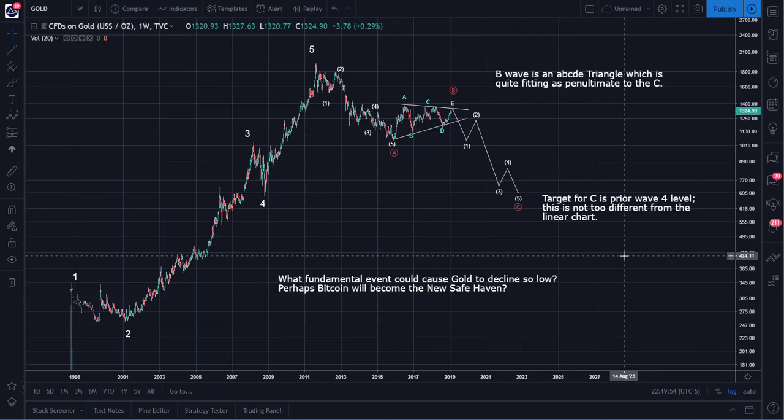Now, the big question is, what fundamental event could cause gold, which is seen as safe haven to any bear markets, to decline so low? Honestly, I don't know. But I guess in the event that safe haven status is replaced, so that gold no longer becomes a safe haven, instead maybe Bitcoin.